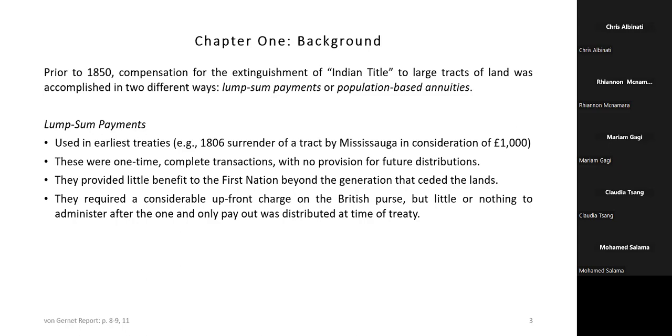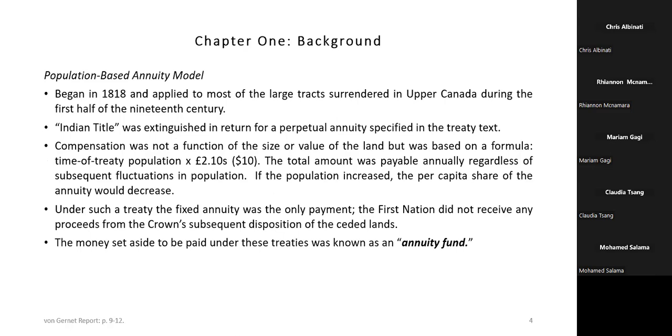population consideration. But that changed as of 1818, when they started a process of doing these treaties with annuity distributions. So you're now moving into this slide number 4, the next slide, and your discussion of the population-based model of compensation. Right.